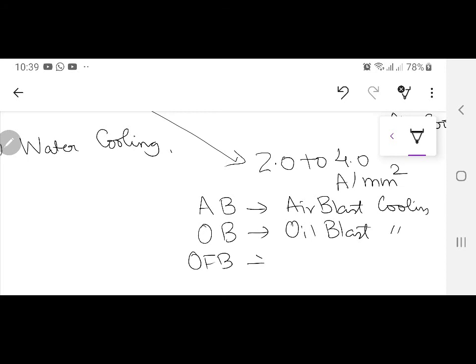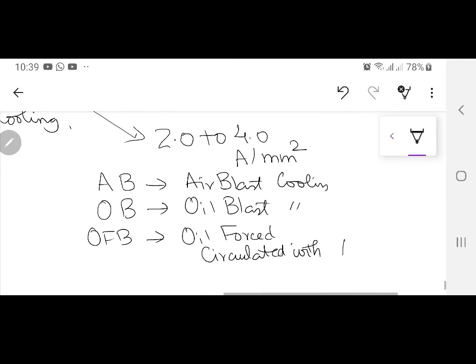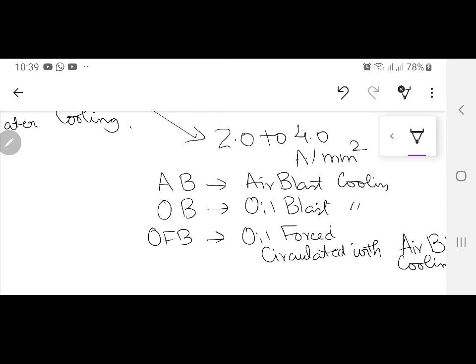This is called oil forced circulated with air blast cooling. इन सारी टाइप्स की हम डिटेल्स थोड़ी सी जब हम टैंक डिजाइन करेंगे we will talk about that one. ठीक है, अभी मैं सिर्फ जस्ट एक नाम आपके सामने रख रहा हूँ which are based on that one.